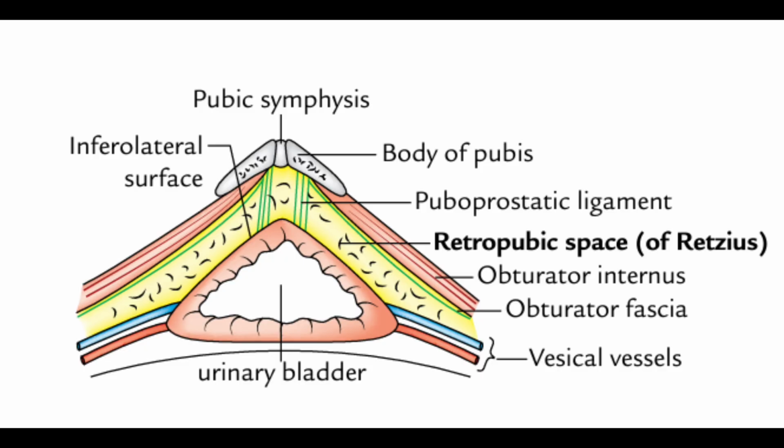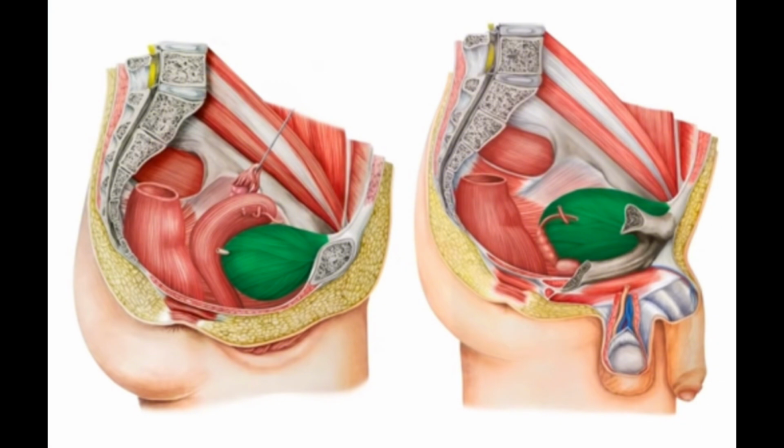When we come to the relations of the bladder in the pelvic cavity, the bladder is related anteriorly to the pubic symphysis and posteriorly in males to the rectovesical pouch and rectum. In females, it is related to the vesicouterine pouch, the uterus, cervix, and vagina.